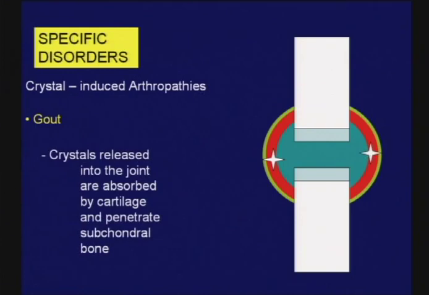What occurs next is that these crystals are released into the joint cavity. And once there, they are taken up by the cartilage, extend through the cartilage to reach the subchondral bone. This relates to the succulence of articular cartilage and its ability to absorb crystals from the joint fluid. So as they travel transchondral, and as they reach the bone, they destroy the cartilage.